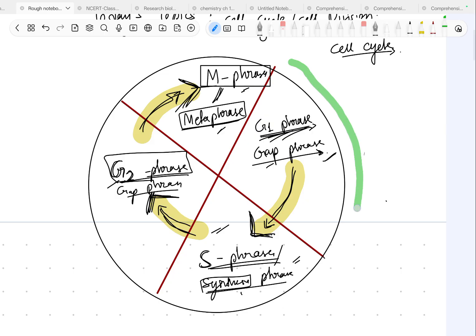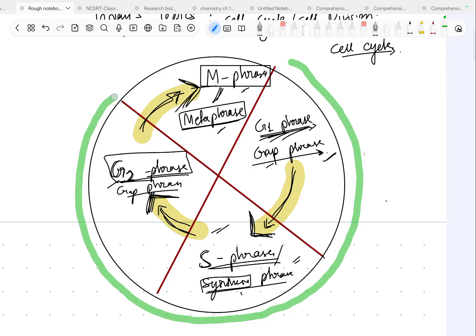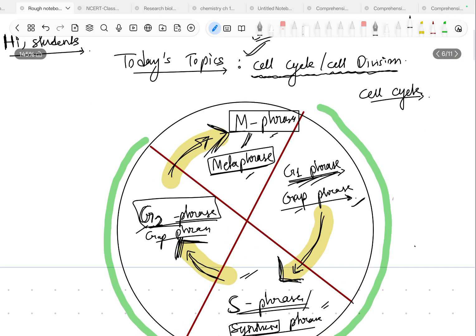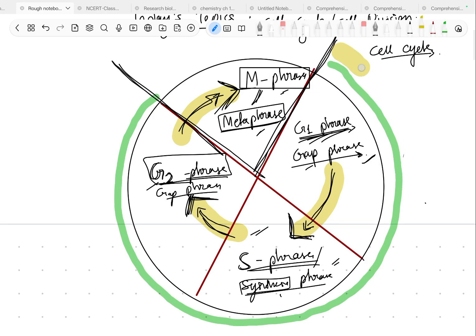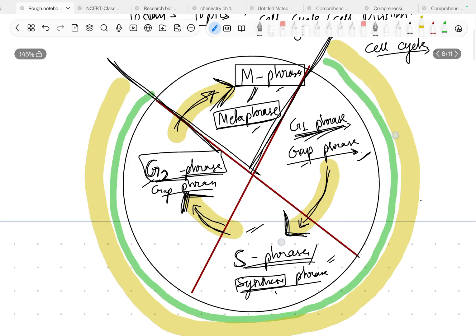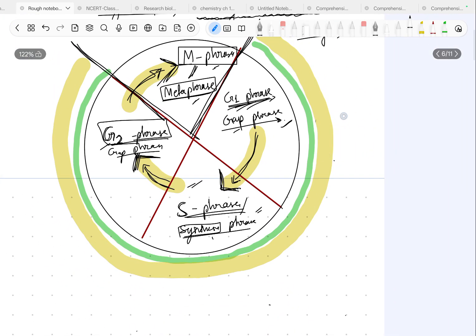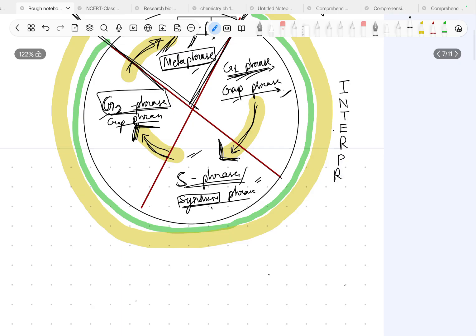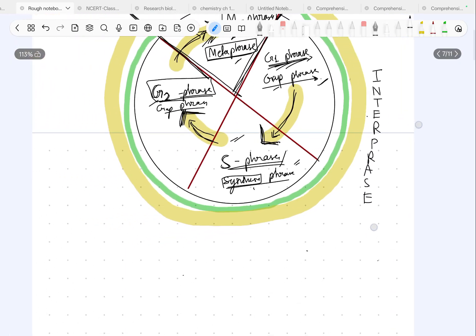This particular part, the G1 phase and S phase, where synthesis of DNA replication and centrosome occurs, up to the G2 phase, the resting phase. All of the G1 phase, the S phase, and ending at the G2 phase is what is called interphase.